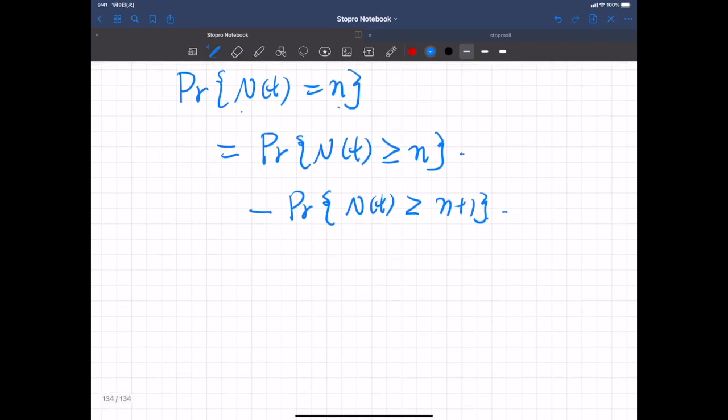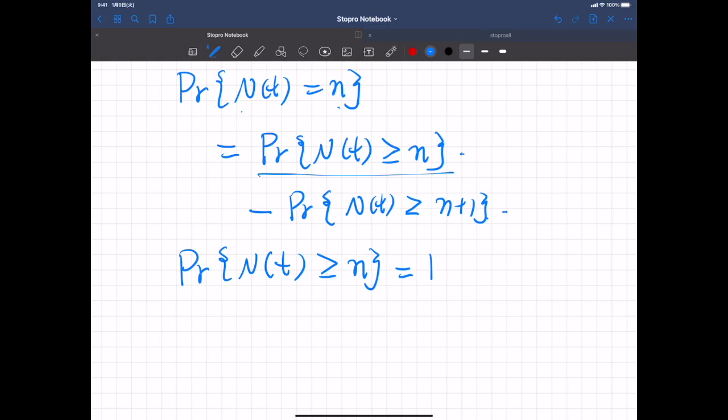But what may not be trivial is this. The probability that the number of renewals by time t is greater than or equal to n is actually equal to the probability that the total duration of time up to the nth failure, that's Sn, is less than or equal to t.